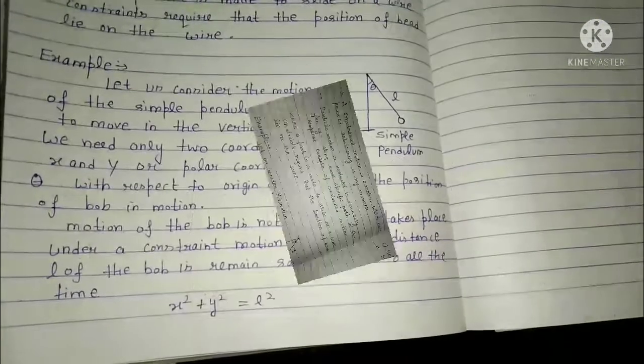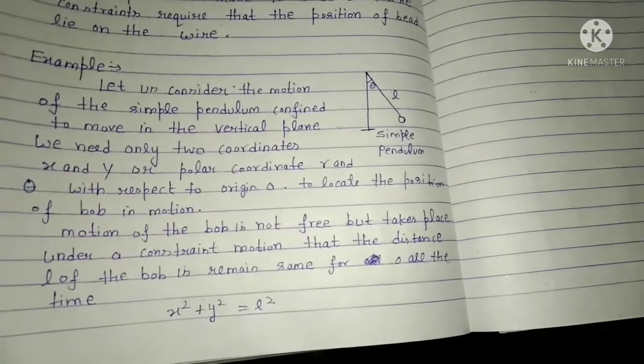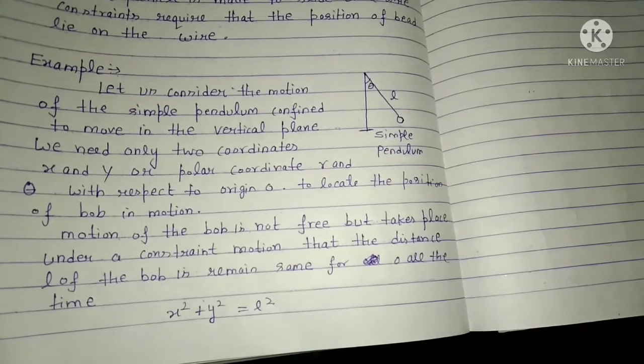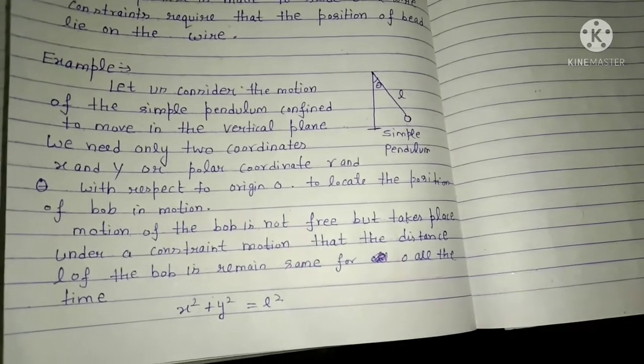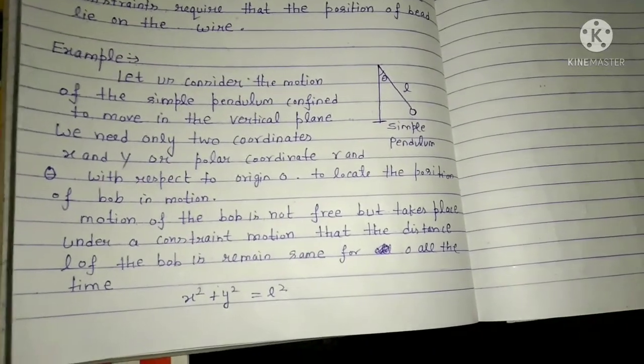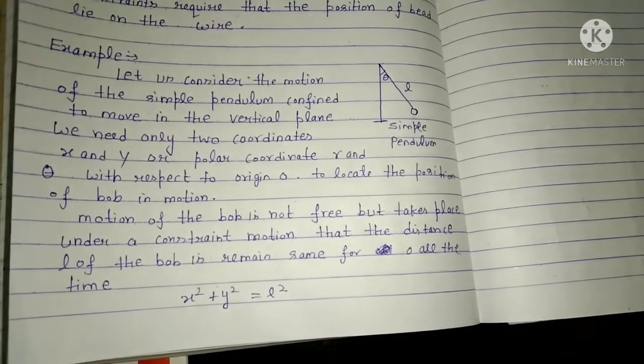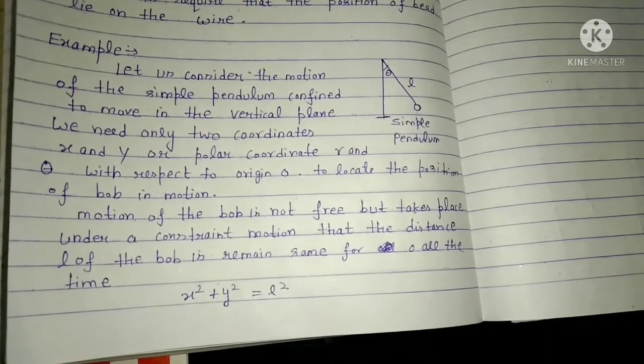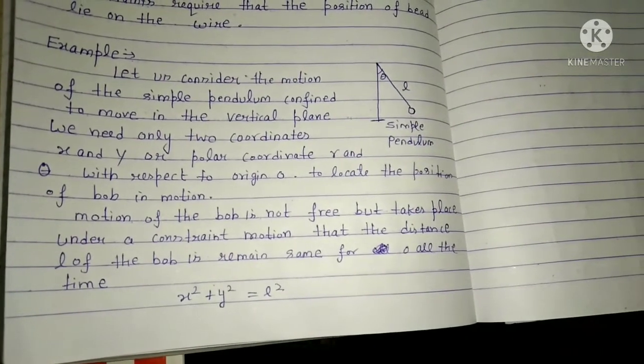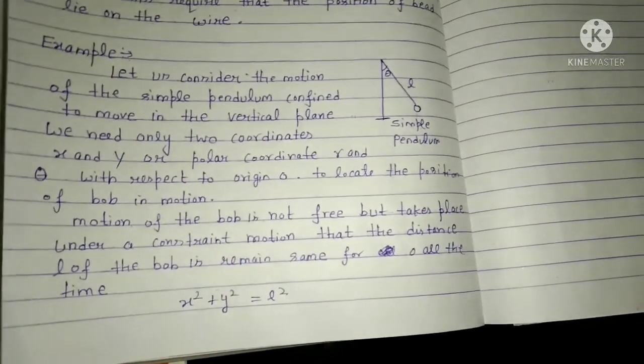So let us take an example of constraint motion. So let us consider the motion of simple pendulum confined to move on a vertical plane. Here we need two coordinates x and y and polar coordinates r and theta with respect to the origin to locate the position of the bob.